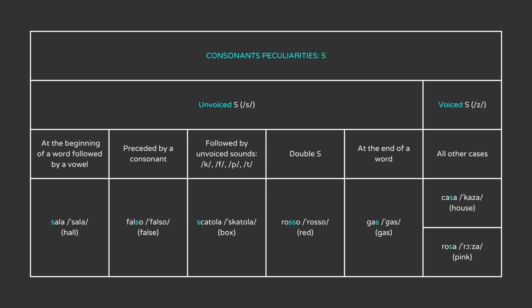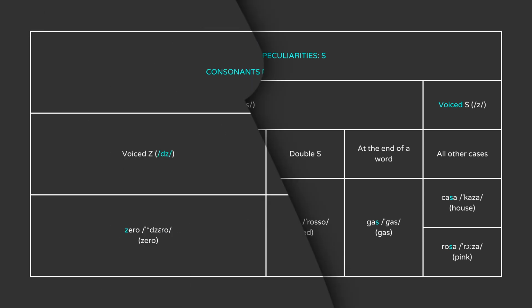Followed by unvoiced sounds, K, F, P, T, for example, scatola. With double S, for example, rosso. At the end of a word, for example, gas. On the other hand, S is voiced in all other cases. For example, casa or rosa.